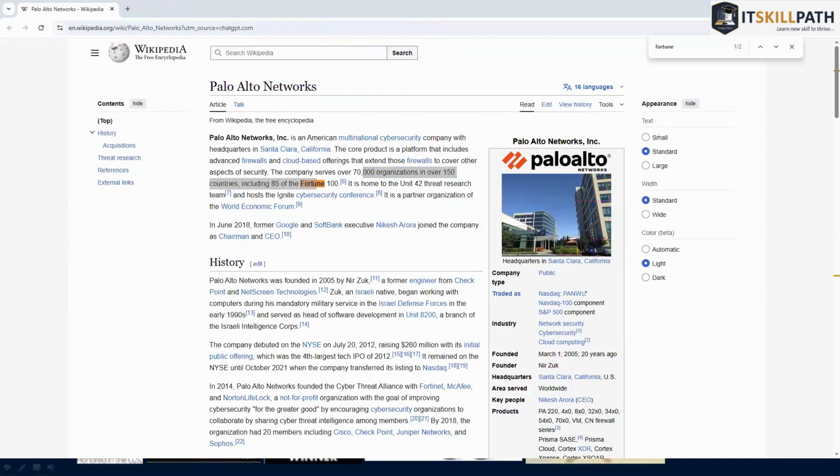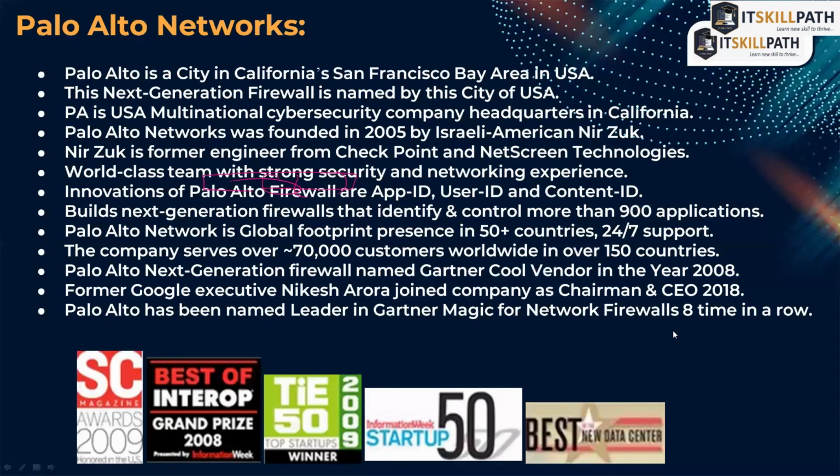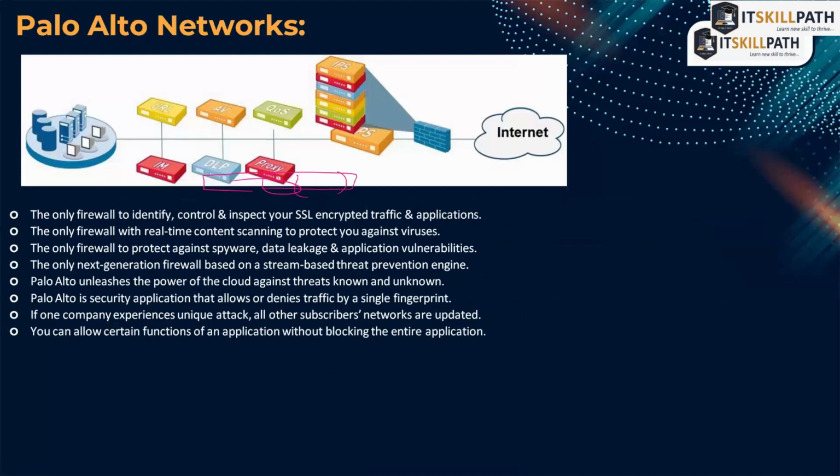It's Wikipedia. 85 out of the top 100 Fortune companies are using Palo Alto Networks. That's why it's the most popular, in demand, and reliable. It has won many awards. Why is it different from other firewalls? It has a special engine that is called the SP3 engine.